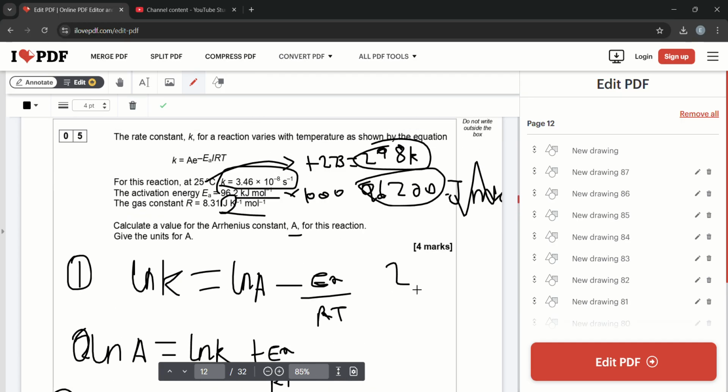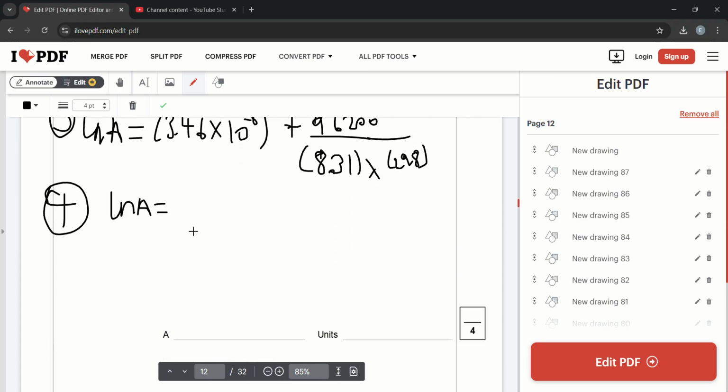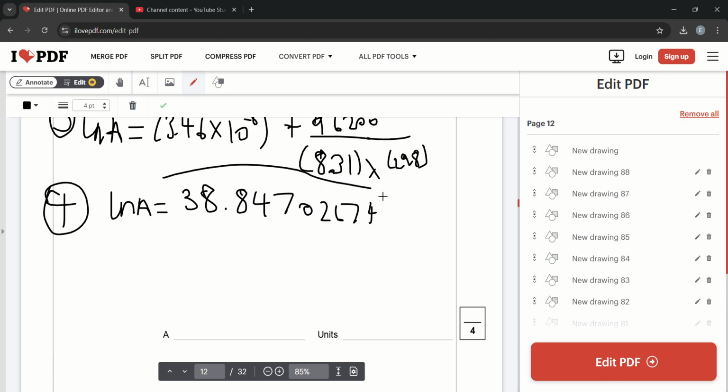Let's just double check, 273 plus 25 is 298 Kelvin. So we get ln A equals 38.84702674. That's all the digits on my calculator.